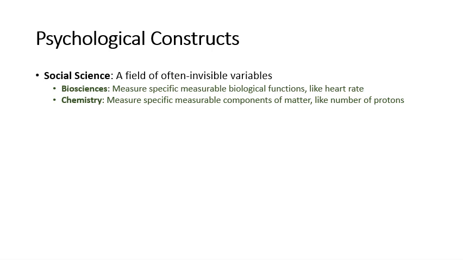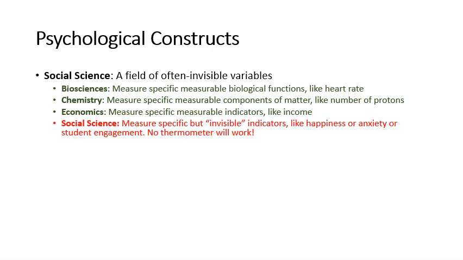They measure specific measurable components of matter like number of protons. Economics, they measure specific measurable indicators like income. But look at social science. We measure specific things, but they're invisible, like happiness, anxiety, student engagement. We can't put a thermometer or a ruler to any of these ideas to measure them. So that's why we call them invisible.